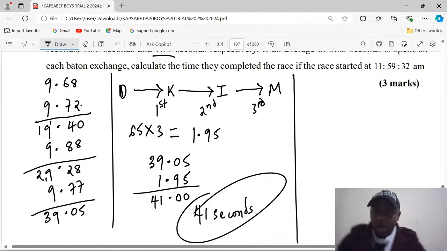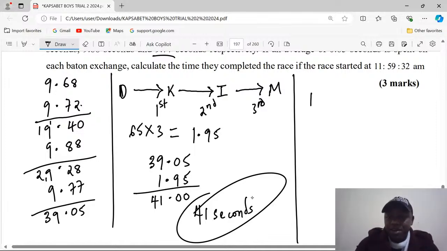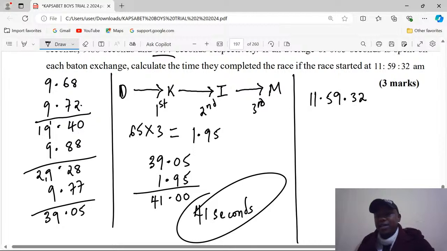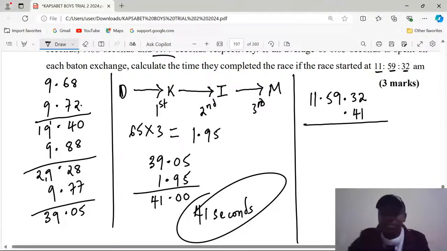All right, now we can see the starting time was 11:59.32. These are hours, these are minutes, these are seconds. So we are just adding our 41 seconds here. And remember that we require only 60 seconds to get a minute.